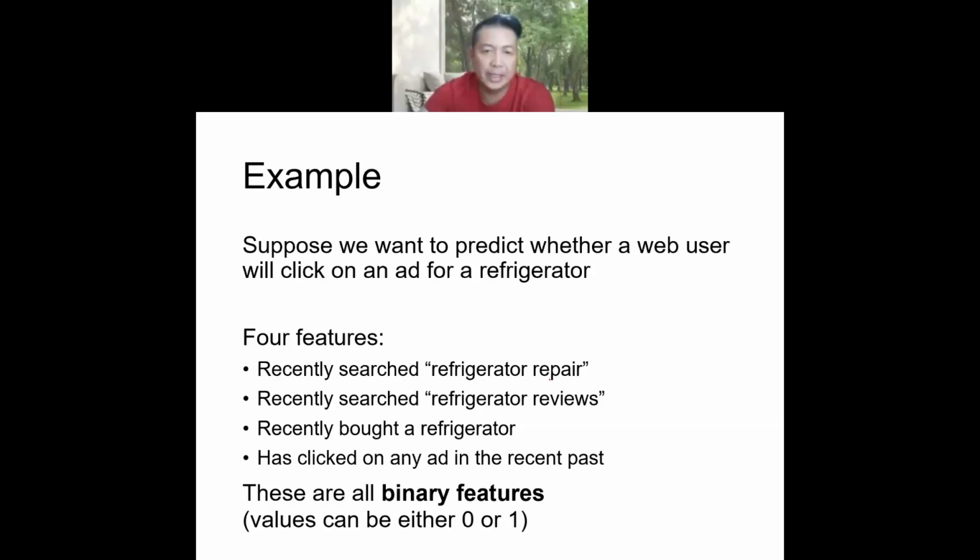Suppose we have these events: recently searched for refrigerator repair, recently searched for refrigerator reviews, recently bought a refrigerator, and the last one is has clicked on any ad in the recent past. This is what we want to predict.